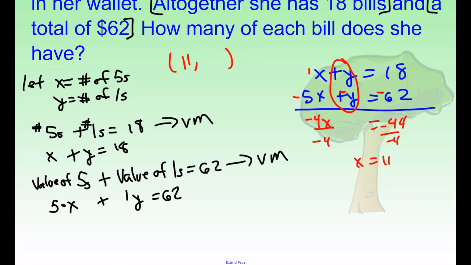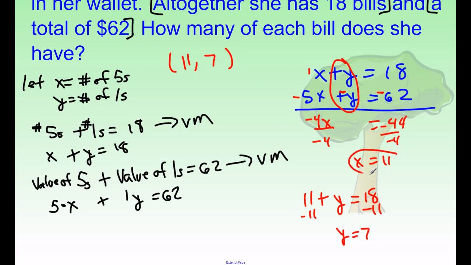So using that bit of knowledge, we can figure out how many $1 bills she has. Using either of our equations, this top one, 11 plus the number of ones has to equal 18. She has 18 bills altogether. So if you subtract 11 from both sides, y equals 7. She has 7 $1 bills.